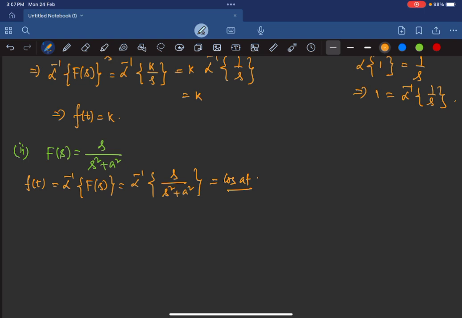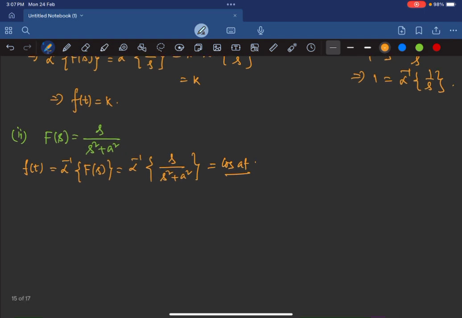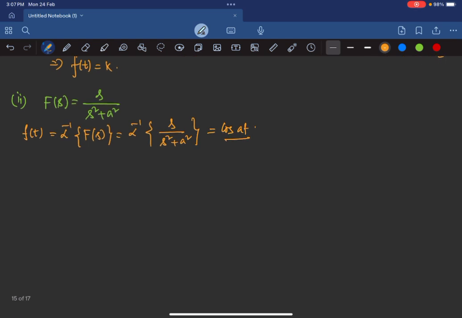Okay, so the first shifting theorem we had in Laplace. Now for the case of inverse, see the form of the first shifting theorem.